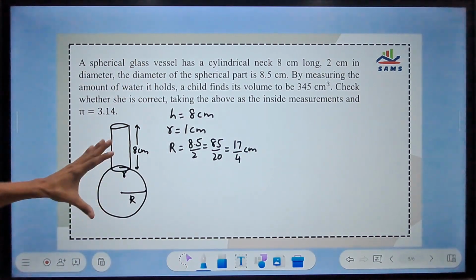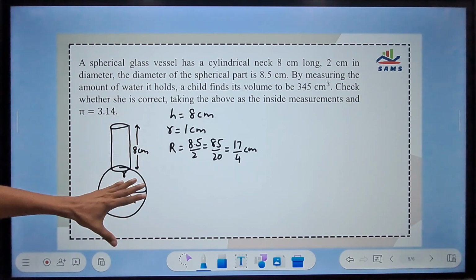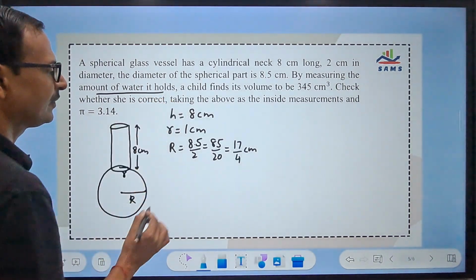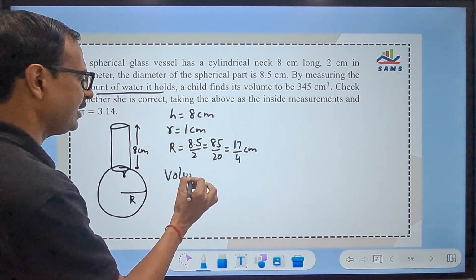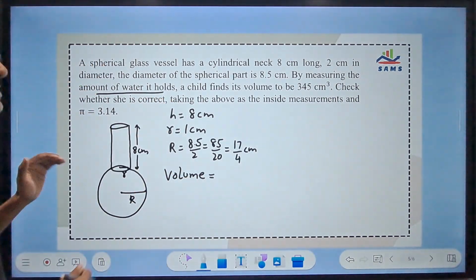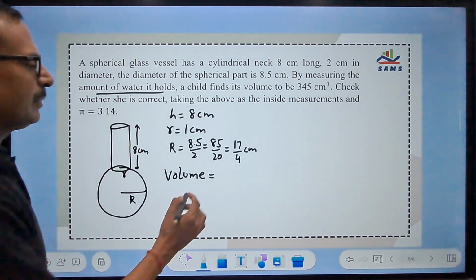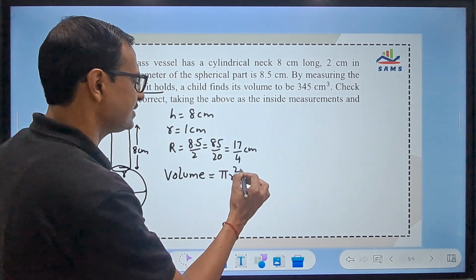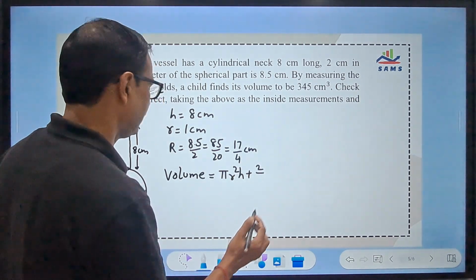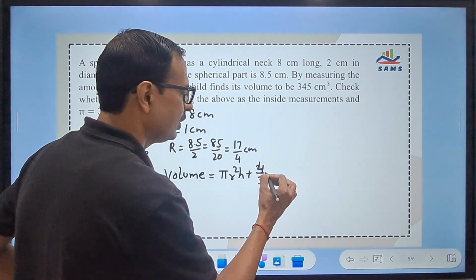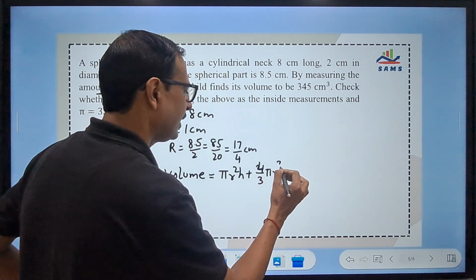So now I know everything in this figure. See, there is no other dimension which is not known. So we have to find the amount of water it holds. That means the volume of the vessel. So the volume of the vessel is simply the sum of the volumes of the two figures here. Pi r square h for the cylinder and, not 2 by 3, this is a sphere, right? So 4 by 3 pi r cube for the sphere.